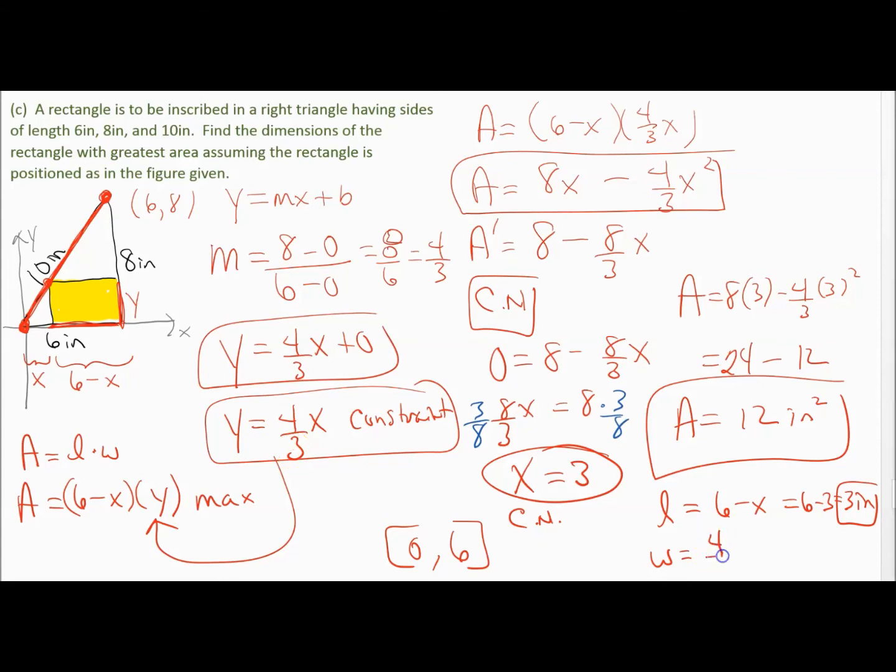So it's going to be 4/3 times, our x was 3, which is 4 inches. So our rectangle is 3 inches by 4 inches, again with an area of 12 inches squared. Interesting problem. I know that wouldn't have been all that easy to follow had we not put this on an XY axis. That really was the key to solving this problem.